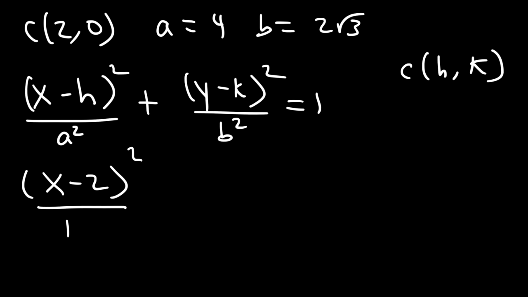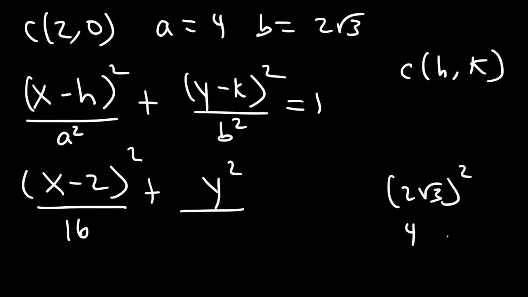A is 4, so a squared is 16. And then y minus 0 squared, or simply just y squared, over b squared. Now, b is 2 square root 3, so if we square that, 2 squared is 4, and the square root of 3 squared is 3, so 4 times 3 is 12. B squared is 12. And so this is the rectangular equation of the ellipse.